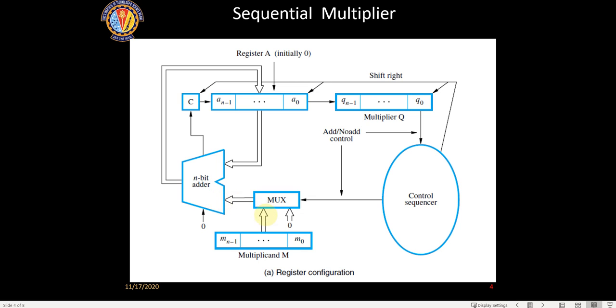No, whether we have to add the multiplicand or 0 will be decided by the mux, and that will be decided by the last bit here. So if in the multiplier we have 1, then we will be adding multiplicand, or else we will be adding a 0. Yeah, correct. In the multiplier only the last bit, remember, only the last bit Q0.